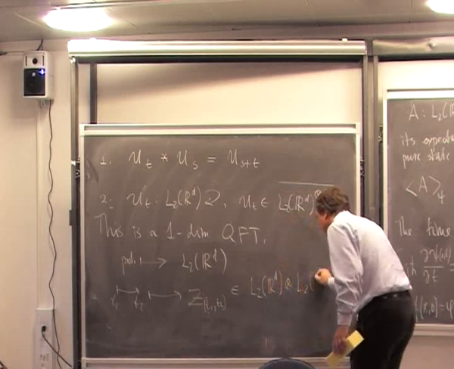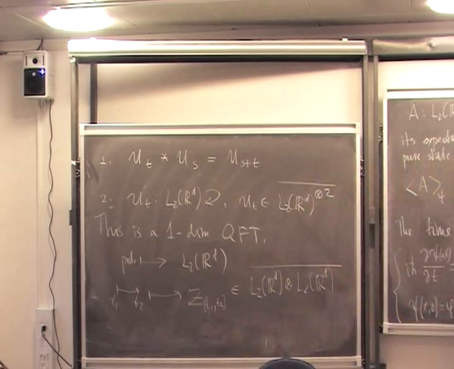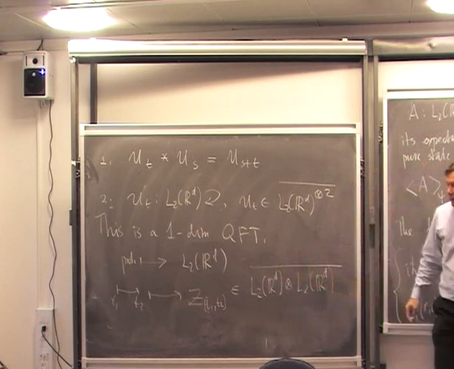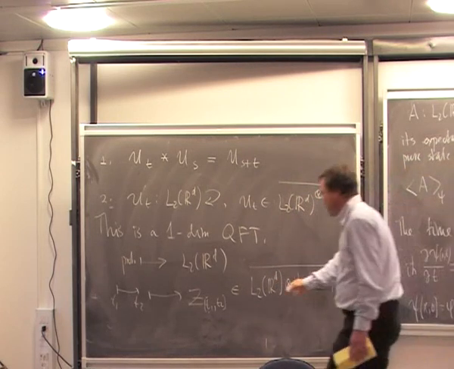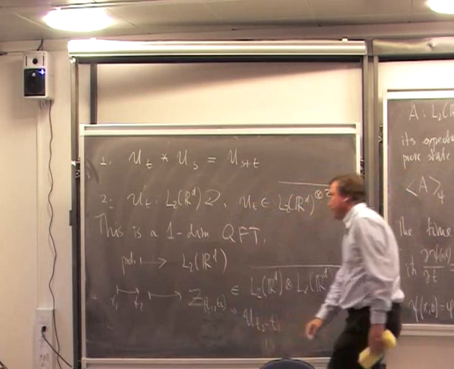Now it's an infinite dimensional situation, so we have to make a completion. In the finite dimensional case, it would be just the tensor product. And this Z is simply U_{t2 minus t1}.